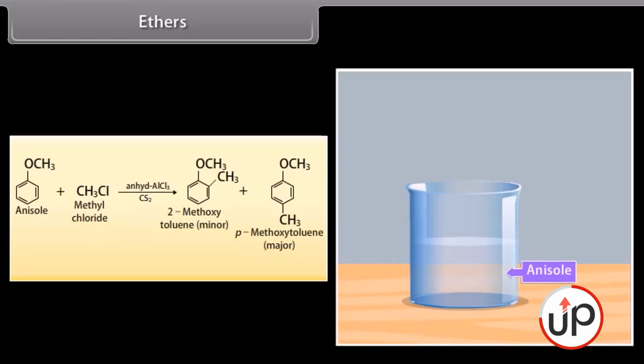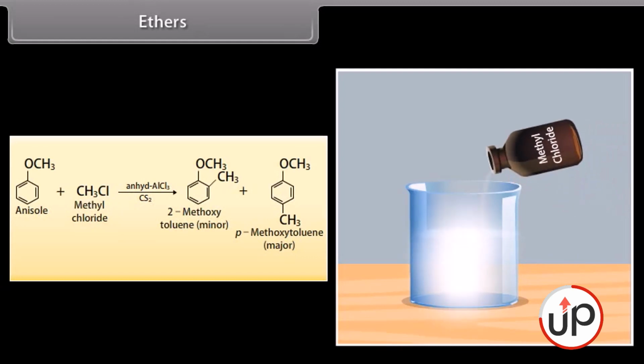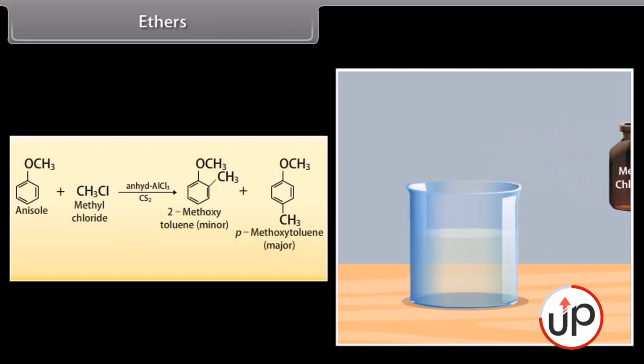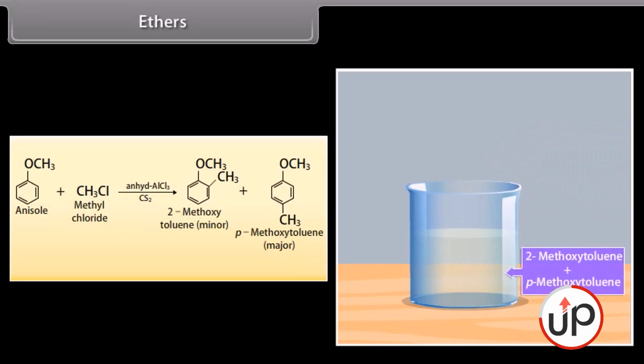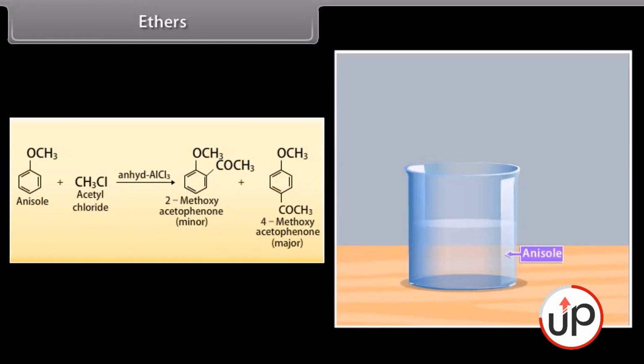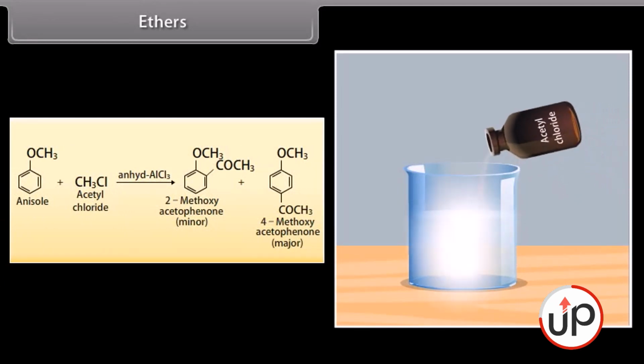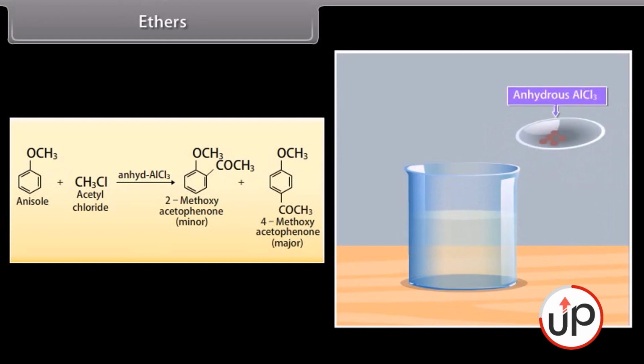Methyl chloride reacts with anisole in the presence of anhydrous aluminium chloride and carbon disulfide and forms 2-methoxytoluene and para-methoxytoluene. Acetyl chloride reacts with anisole in the presence of anhydrous aluminium chloride and forms 2-methoxyacetophenone and 4-methoxyacetophenone.